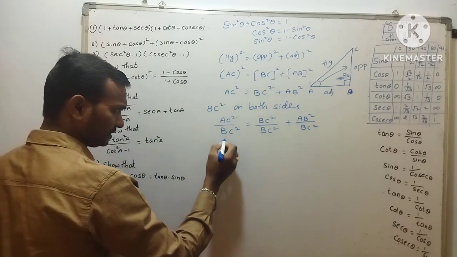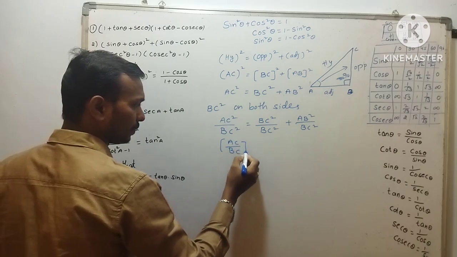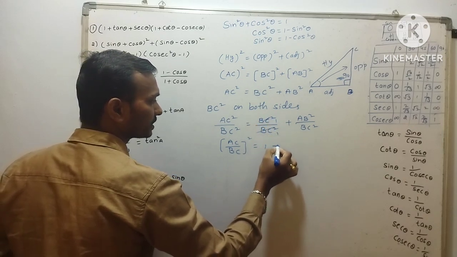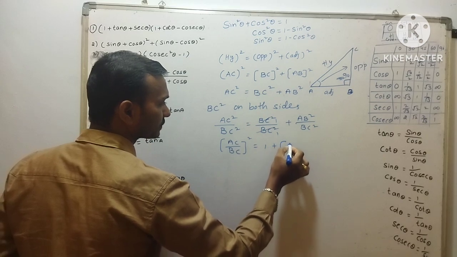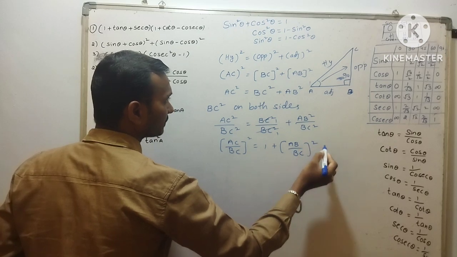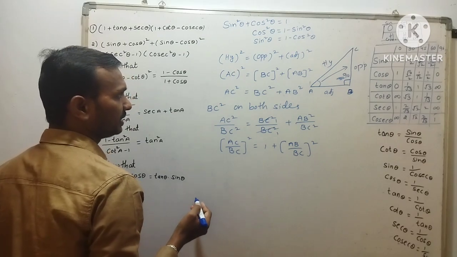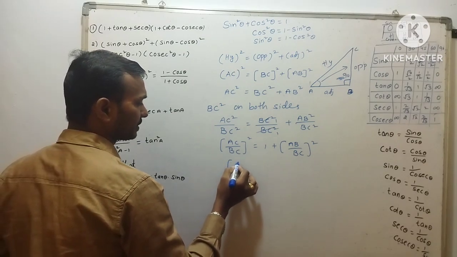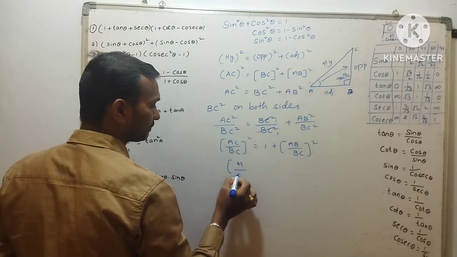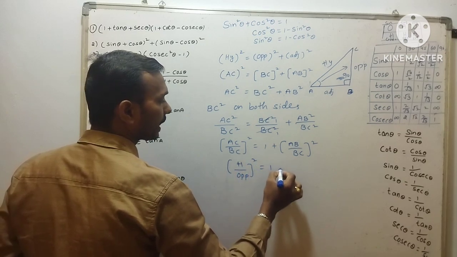So this is AC by BC whole square, this is nothing but 1, plus AB by BC whole square. In the triangle, AC is the hypotenuse and BC is the opposite.